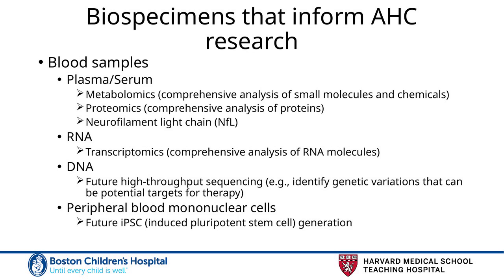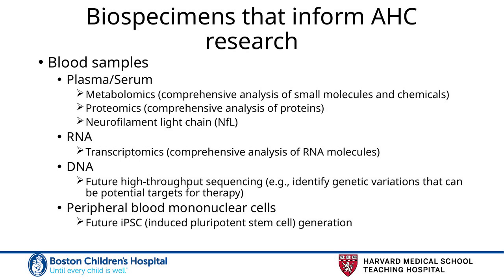Next we have proteomics, which are much larger molecules, proteins. And then we also have a study ongoing for neurofilament light chain, which is a known biomarker for various neurological diseases. We already have some preliminary data to suggest that it may be useful in monitoring the disorder in AHC as well.